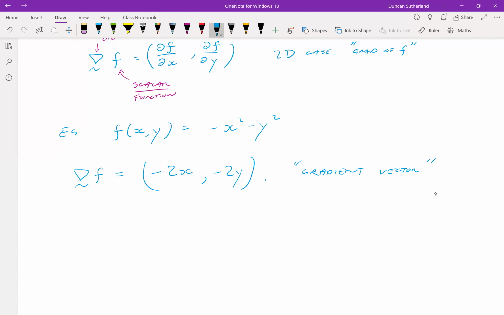We can now go and work out what the rate of change in a certain direction is.